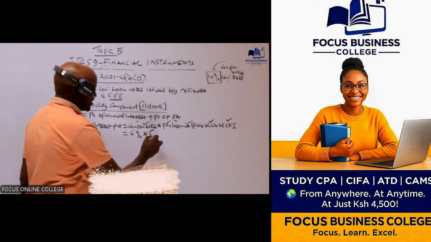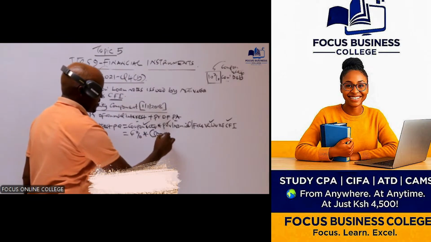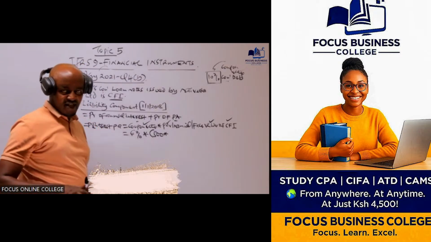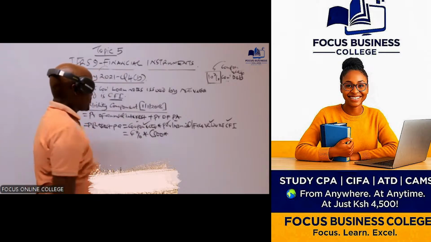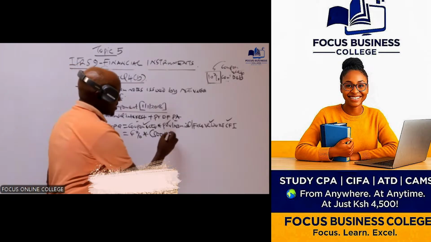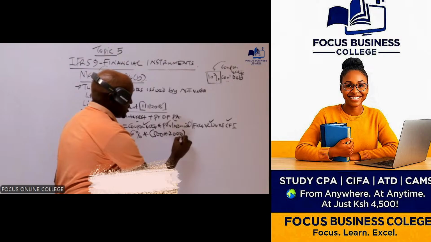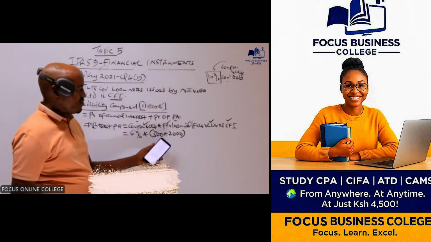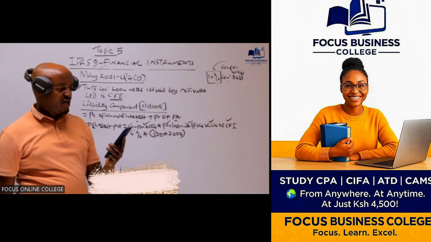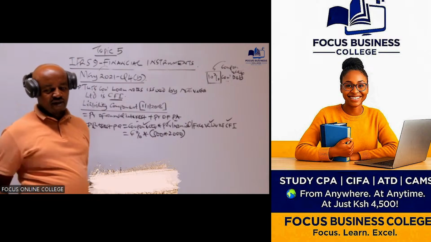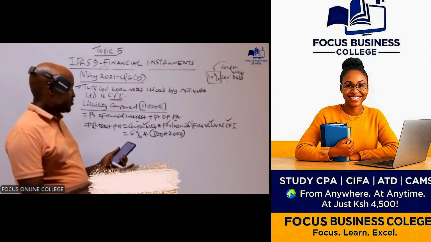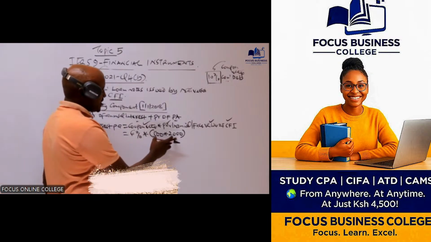So we are told the convertible notes issued by the company were 500. But remember, this is just the number. We need to get the total par value. So what does that mean? It means we have to multiply this with the par value of each, because the par value per loan note is 2,000. So the total par value of these loan notes issued will be 500 times what?